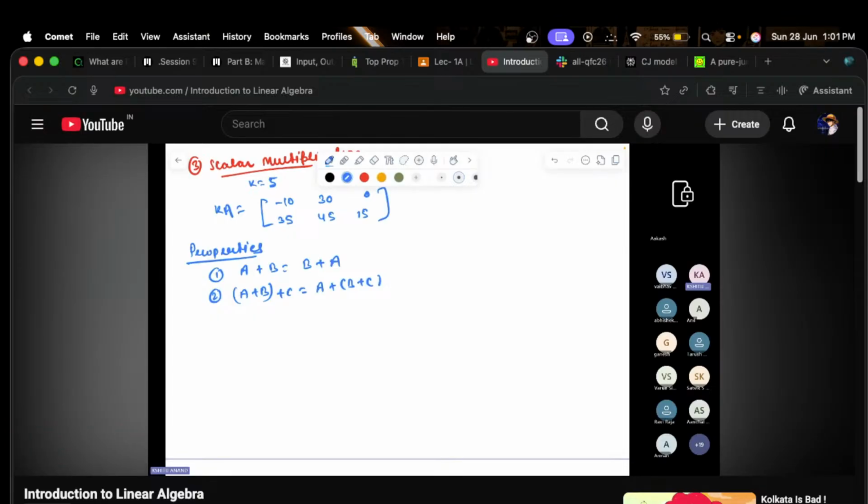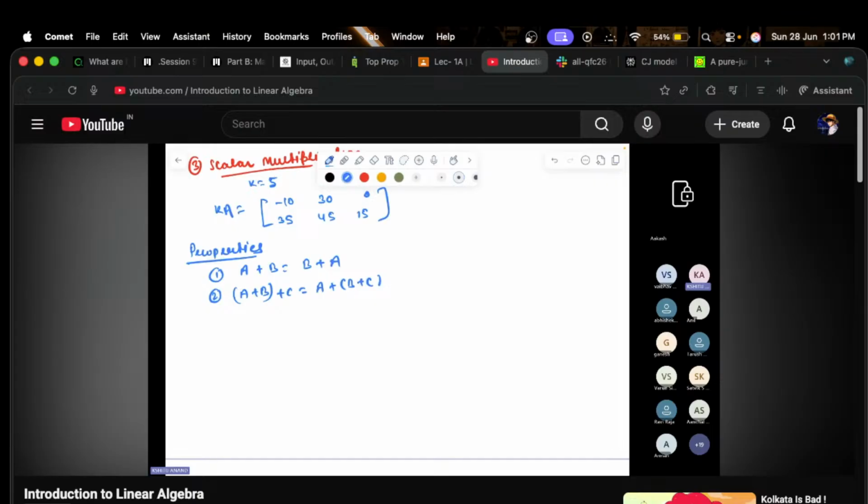So the property was A plus 0 equals A, and A plus minus A equals 0, which makes sense algebraically. Okay, so yeah, it actually makes sense. I don't think I have to watch it. And the zero matrix is of course 0 in all the columns and rows.